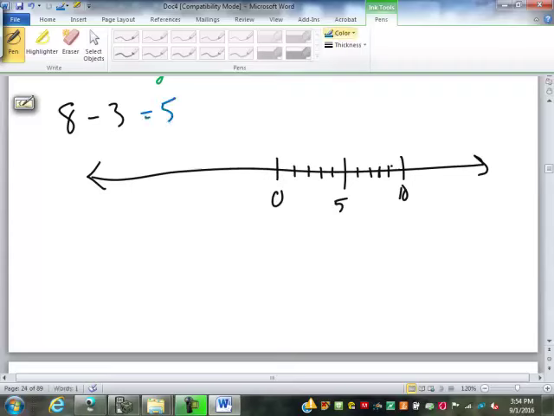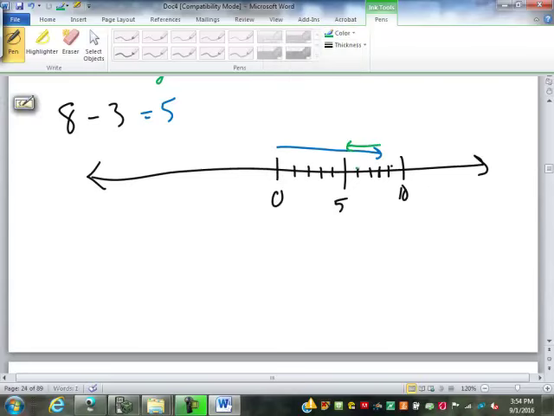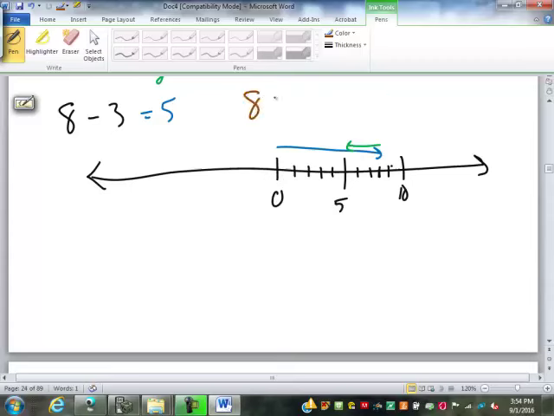Good. How would we represent that on the number line? Well, here's 8. Subtracting 3 goes back this way. Well, how is this picture different from what if I had 8 plus a negative 3? What's the difference between those two pictures?